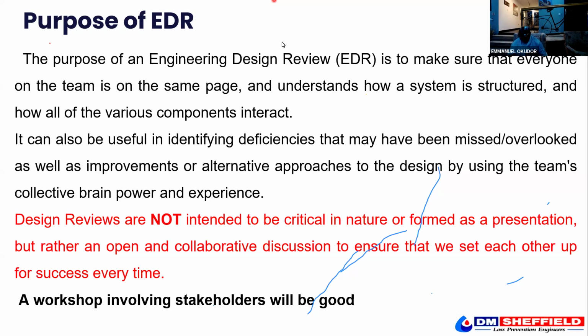We need to review what they call the basis for this design. For example, I come up with a tank design, and in my tank design, I don't want to put paint. I decided to put PVRV. So there must be basis for putting that PVRV, right?